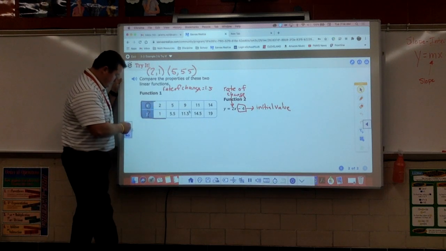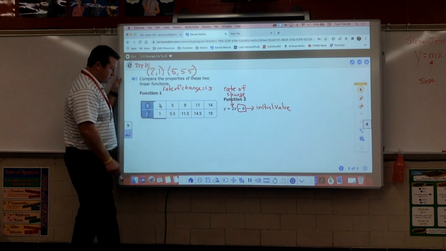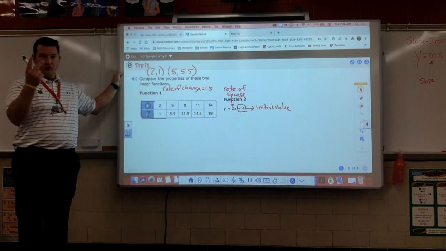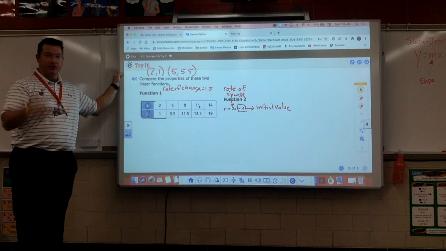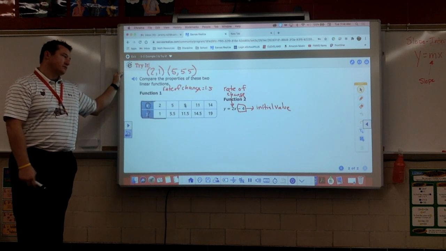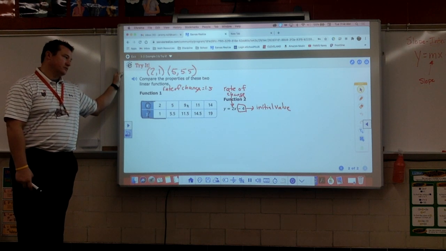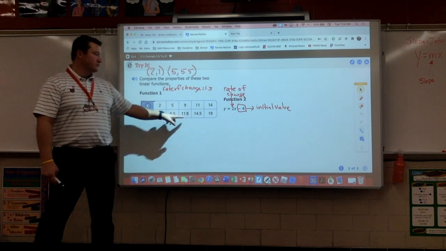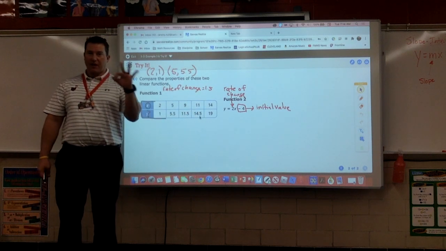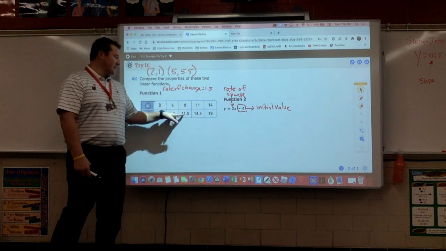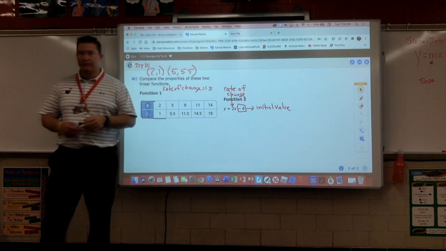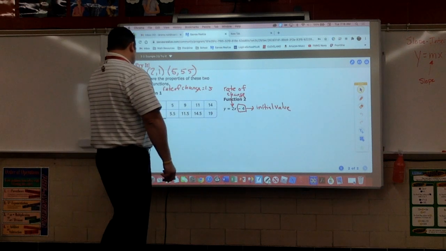Just to help, from 2 to 0 is a drop of 2. So my x changes by 2. Well, if I look over here, from 11 to 9 is a drop of 2. How much does this drop? By 3. It drops by 3. That same pattern is going to happen here. What is 3 less than 1?